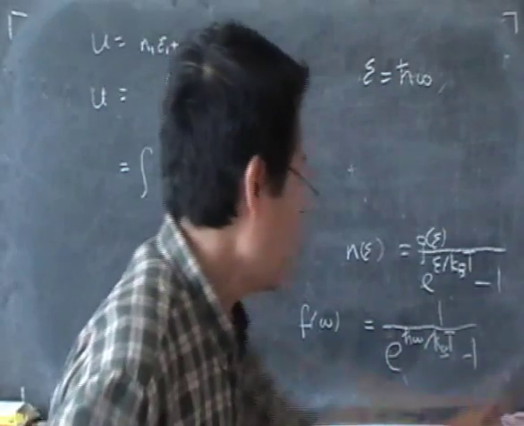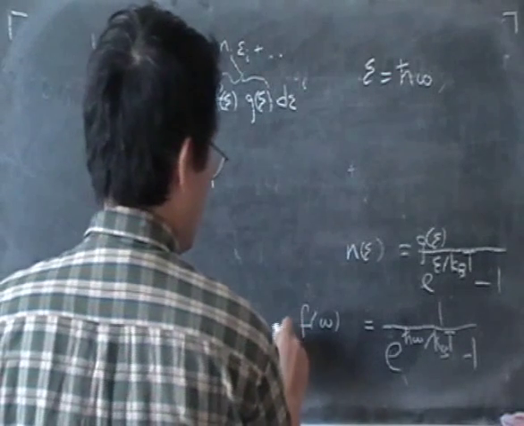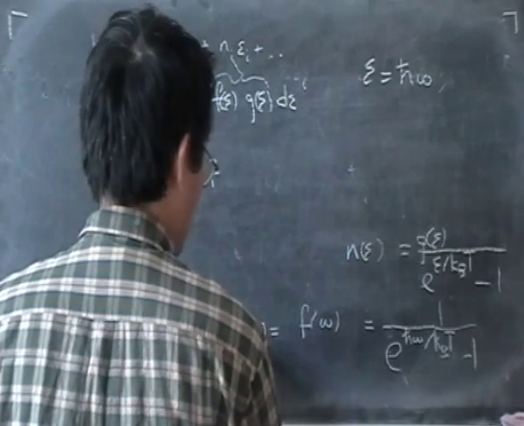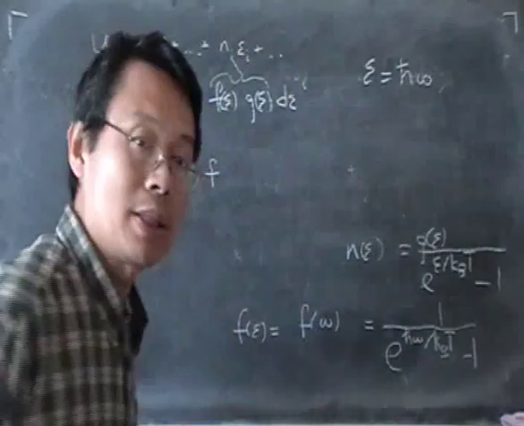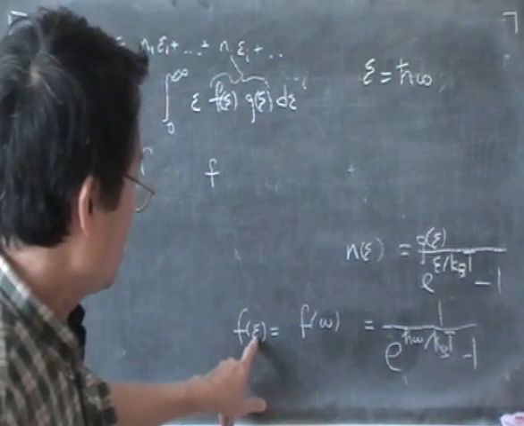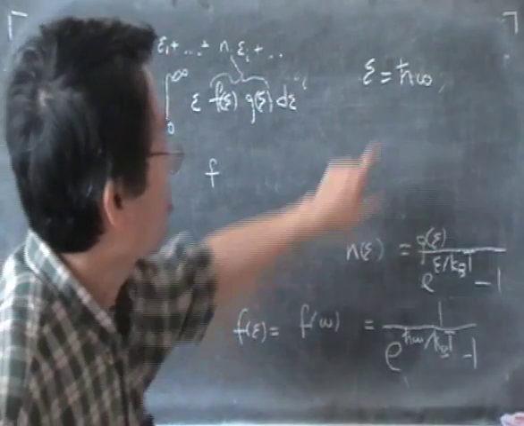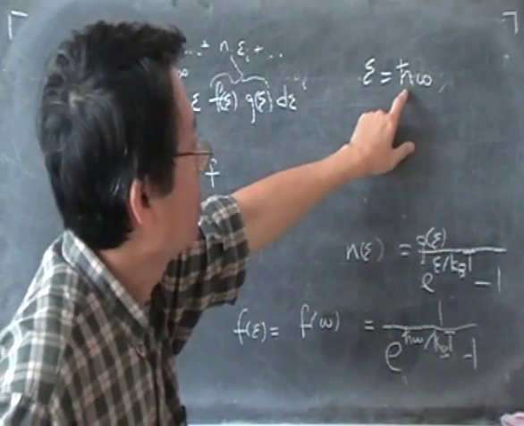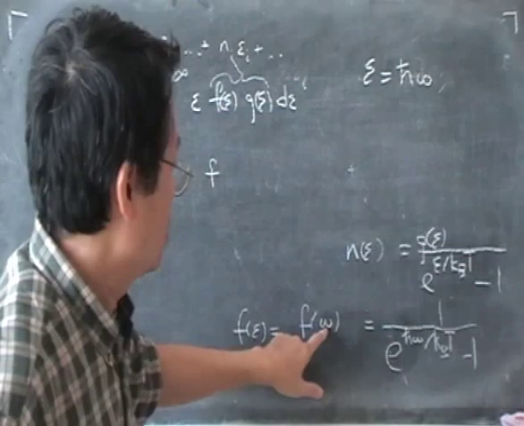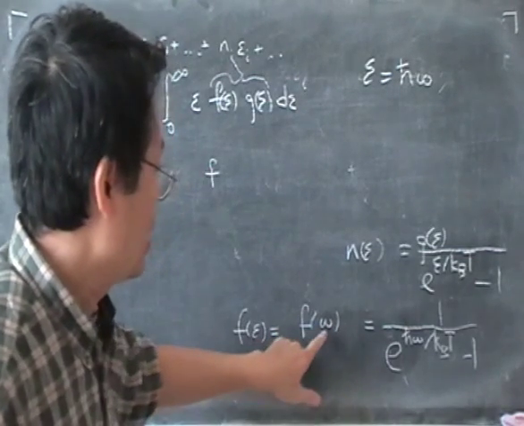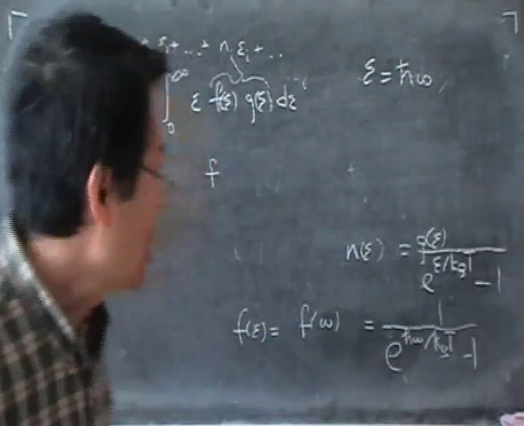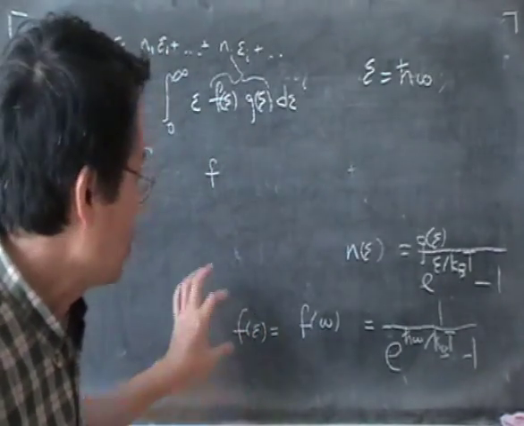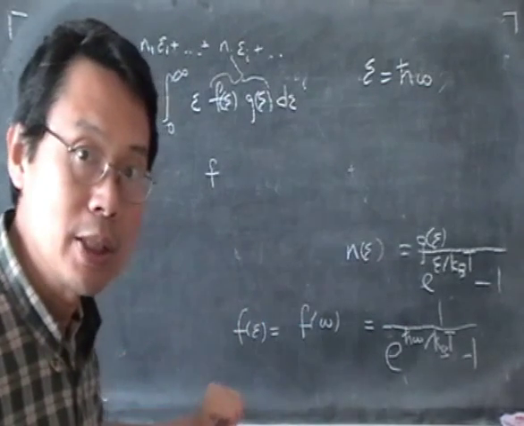Now we have to be a bit careful here. Previously, I've written F epsilon as equal to that expression there. So now all I've done is I've replaced the E by omega, rather than substituting h bar omega in here. I've actually dropped the h bar omega. So in this case, the f here is actually a different function. So I'm using the function a bit loosely here.